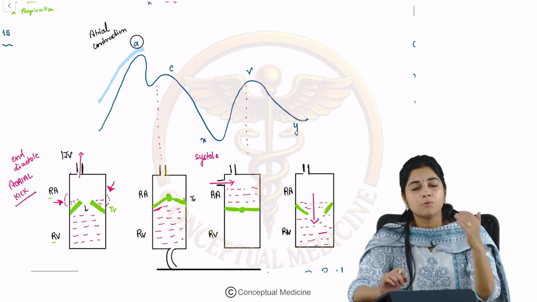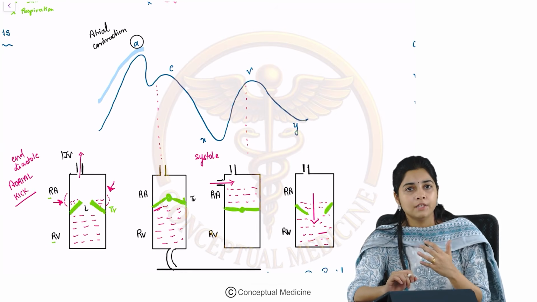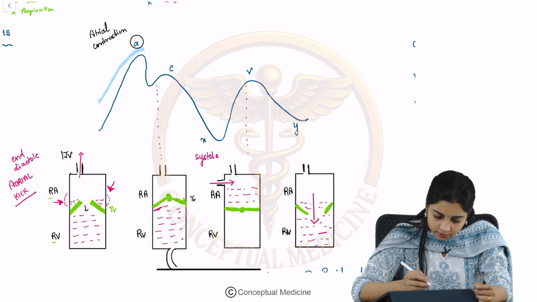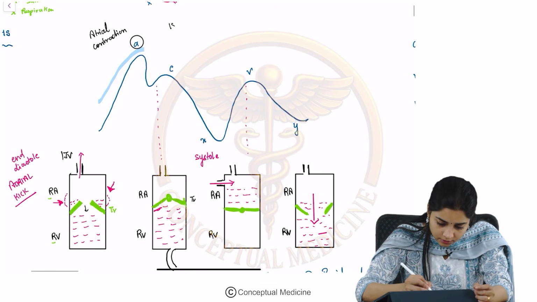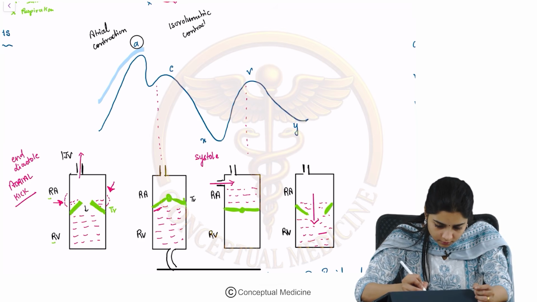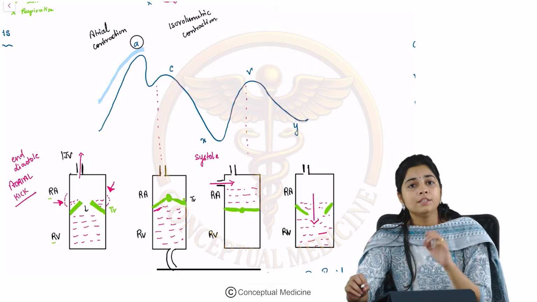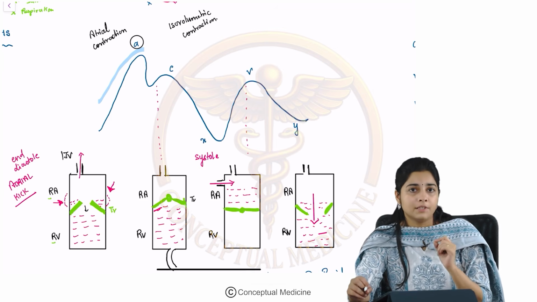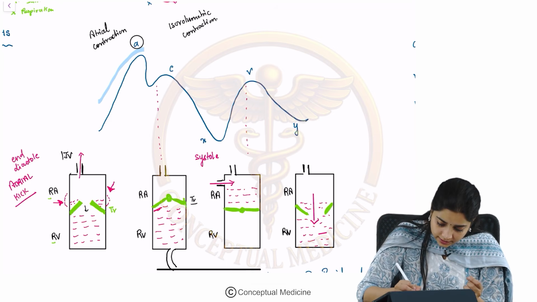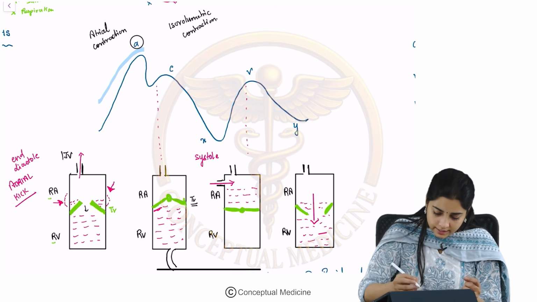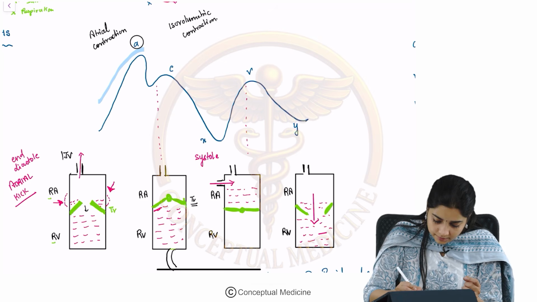When the next portion, once the diastole has finished, which stage do we go into? We go into the stage of isovolumetric contraction, right? So, in the phase of isovolumetric contraction, you know that the tricuspid valve is closed and this is your pulmonary valves, they are also closed.